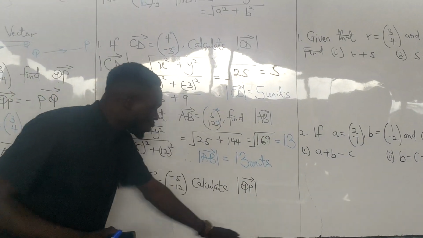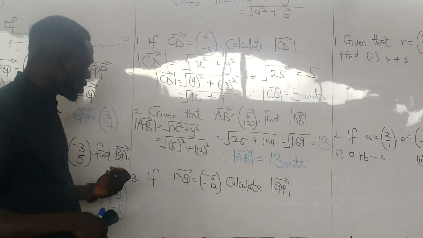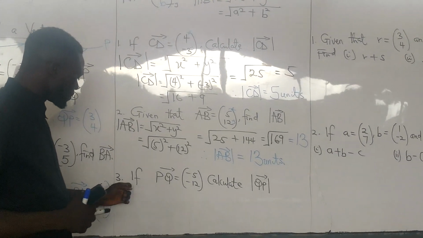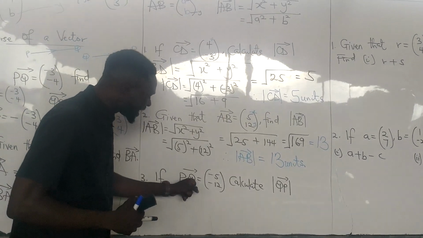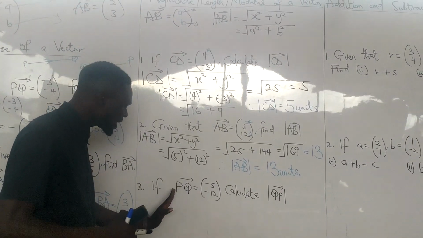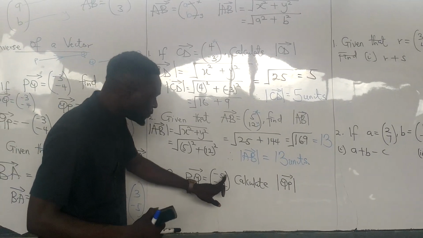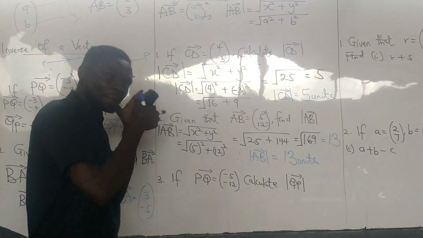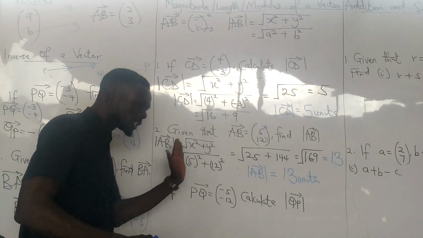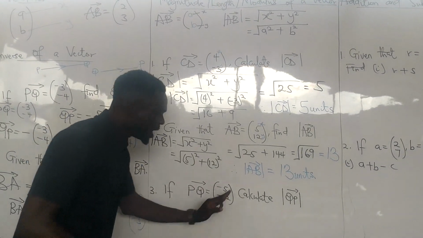Let's look at the last question below the magnitude. We have a question which says, if the vector PQ is equal to -5, -12, the vector PQ, that is from P to Q, is -5, -12.